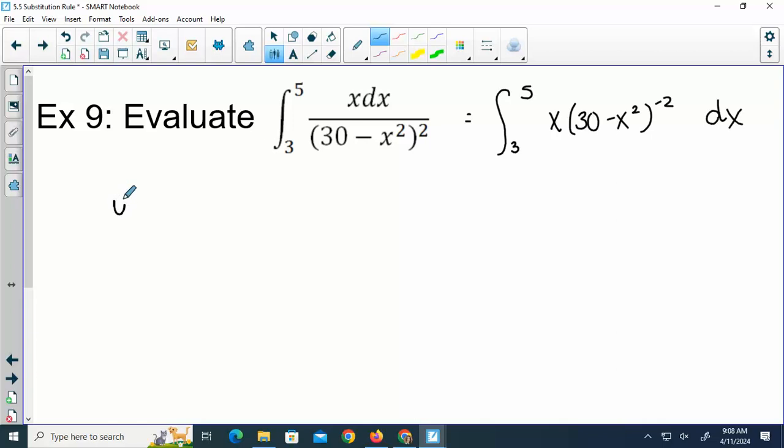So what is my u? du: the derivative of 30 is 0, so that goes away, minus the derivative of x squared, which is negative 2x, and that gets a dx. We had 30 minus x squared to the negative 2, so this becomes my u.